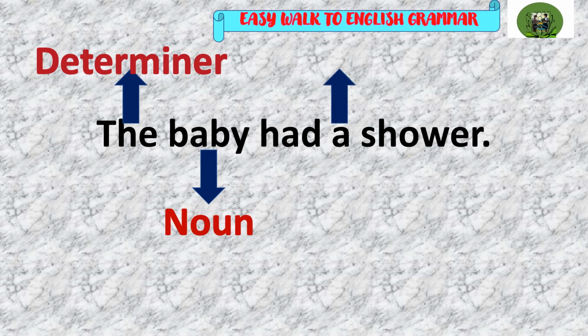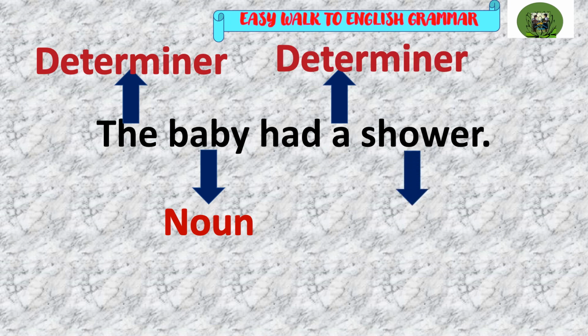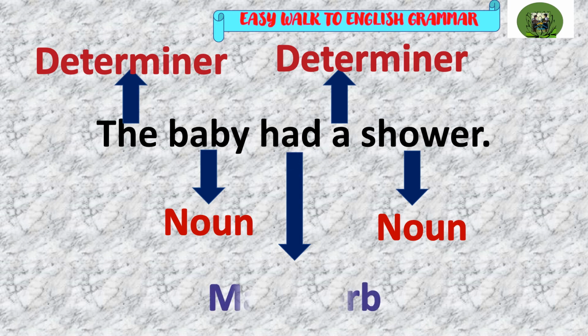A, once again, is a determiner. Shower is a naming word and it's a noun. Then what is the verb? Of course, it's had. And as there is no other verbs in this sentence, it's the main verb. Had is the main verb.